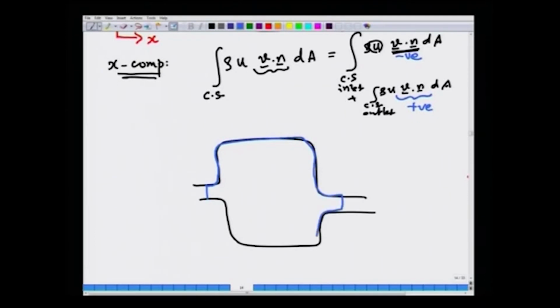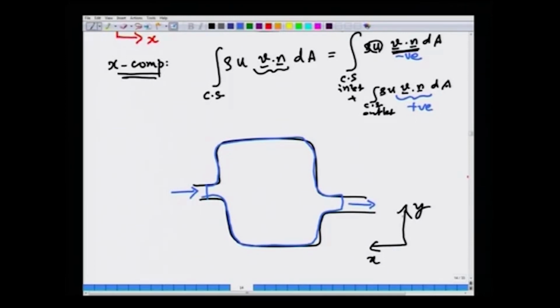All you are changing is the coordinate system, we are using the coordinate system like this. Somebody else may choose to work with this coordinate system for whatever reason. So, now what is important is velocity is coming in the minus x direction, and it is going out in the minus x direction according to this problem.